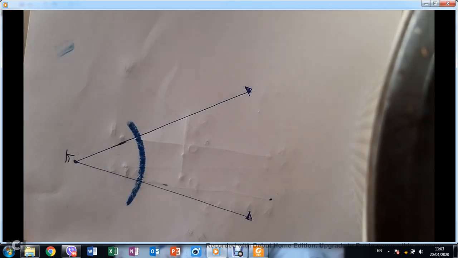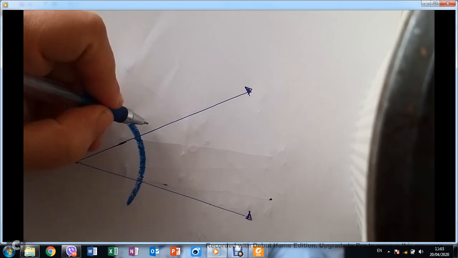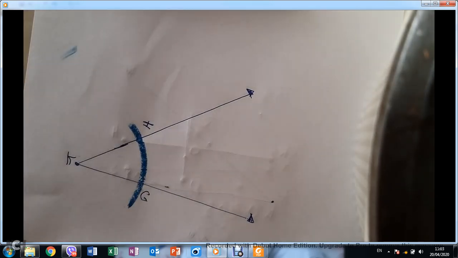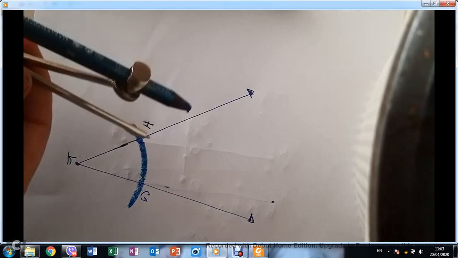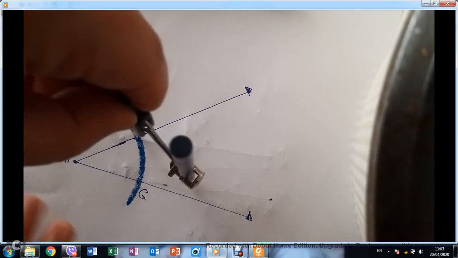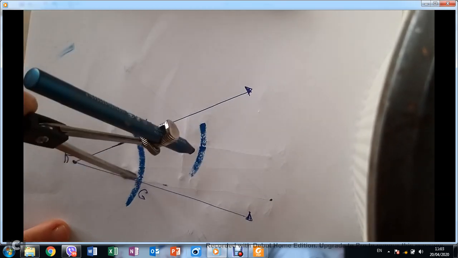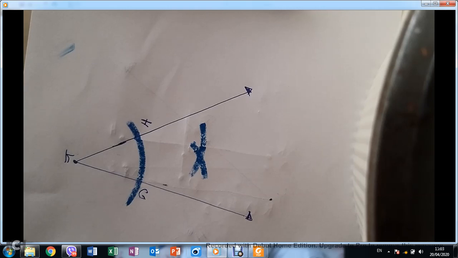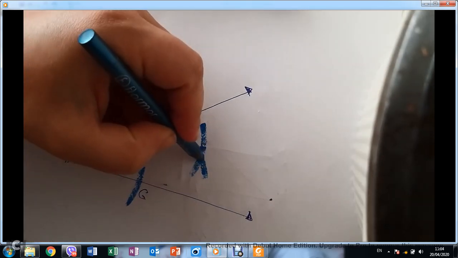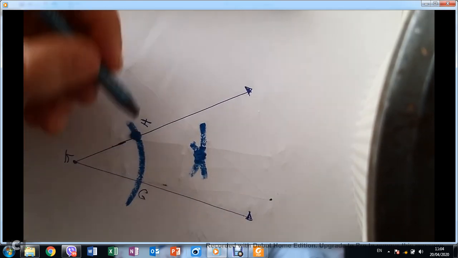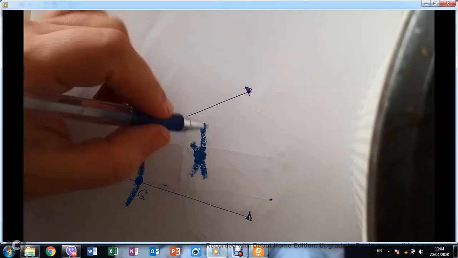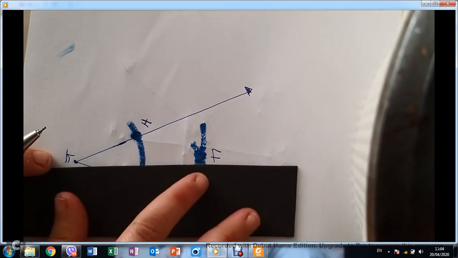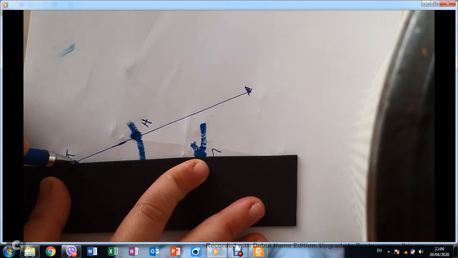When they intersect, I get two points, called H and G. After that, keep the same compass opening and draw an arc from H and from G. When the two arcs overlap, we get a point, we name it F. Now we draw a line from K to F. KF is a bisector of angle HKG.